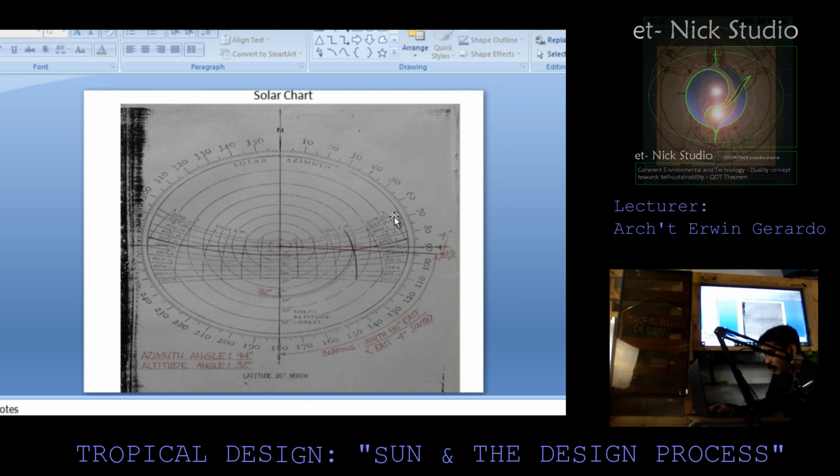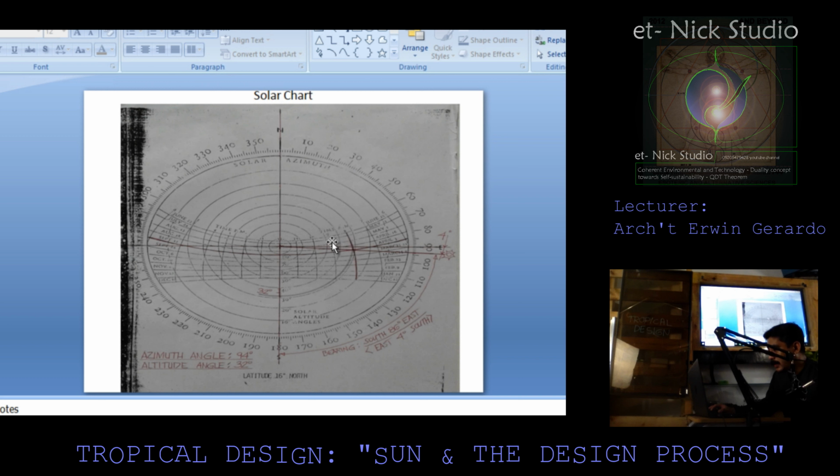Then 7 a.m. Once again, you will see this line that will serve as our guide from 6, 7, 8 o'clock a.m. This is once again the projection of the sun that is reflected in our chart.